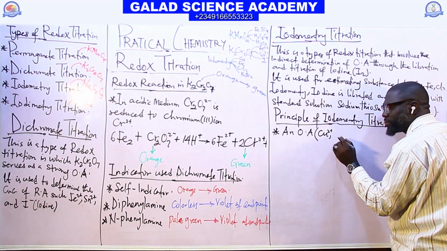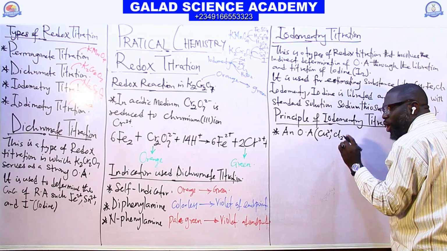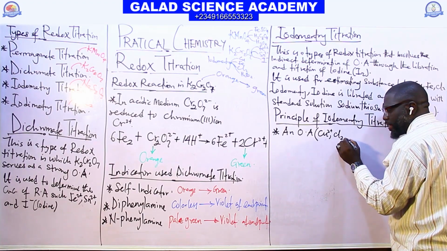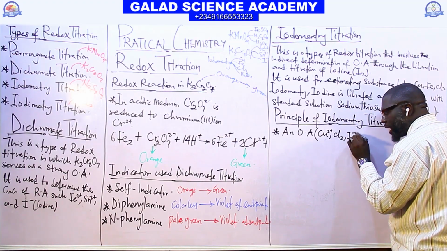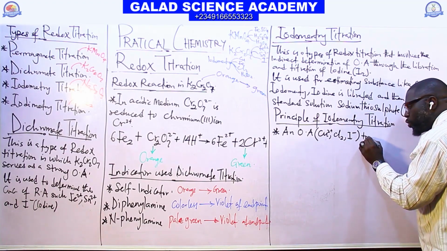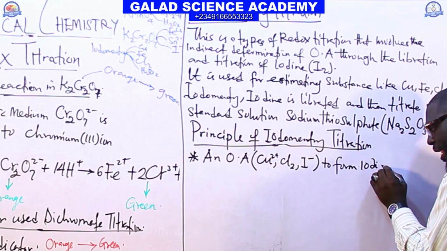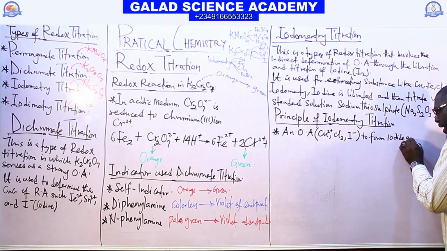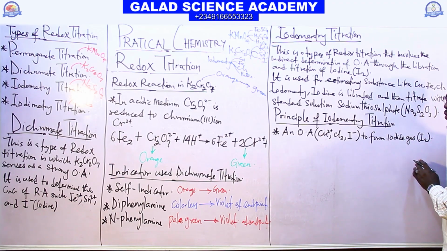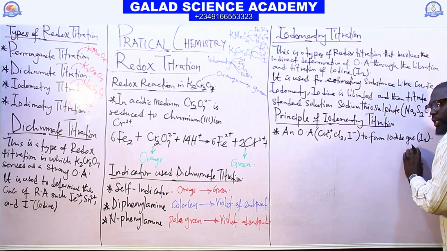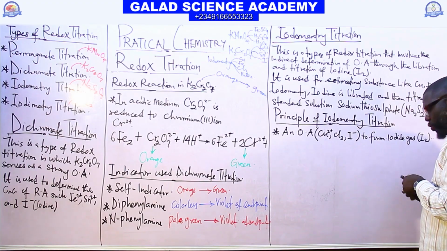It may be chlorine molecule, or it may be oxidized iodide. Oxidized iodide is iodide minus to form iodine gas, which is I2, or iodine molecule.